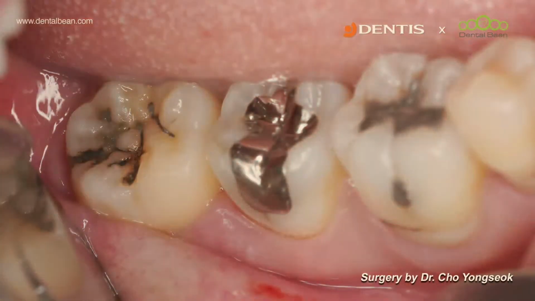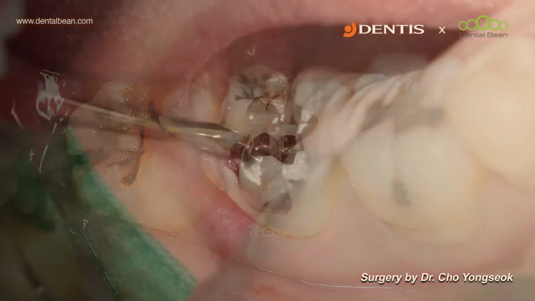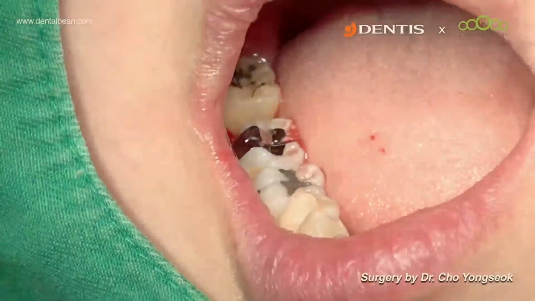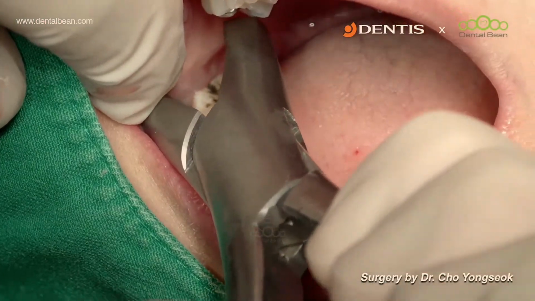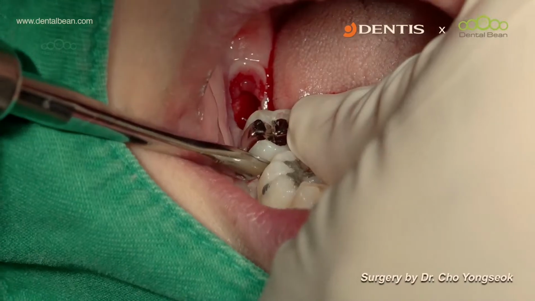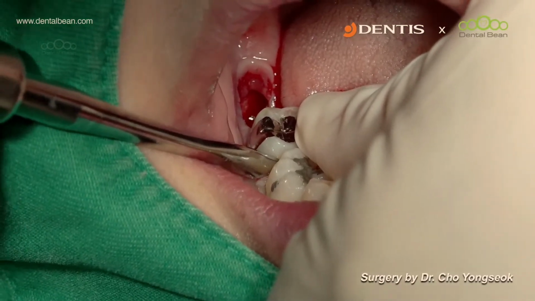When it is the left molar site, I position myself at 11 o'clock over the patient. And when it is the right side, I position at 9 to 8 o'clock.